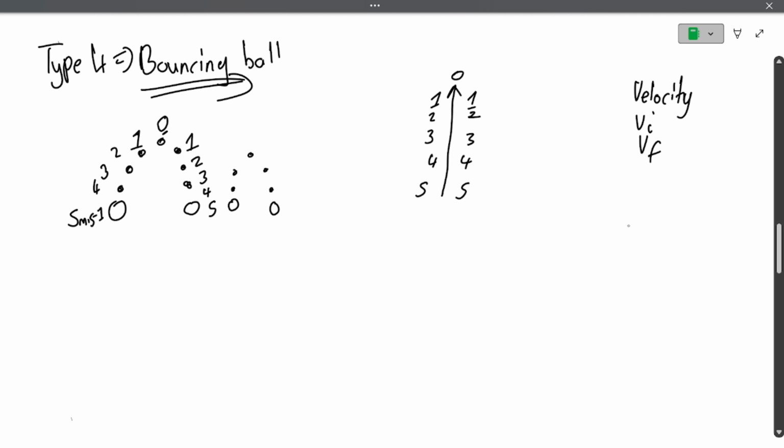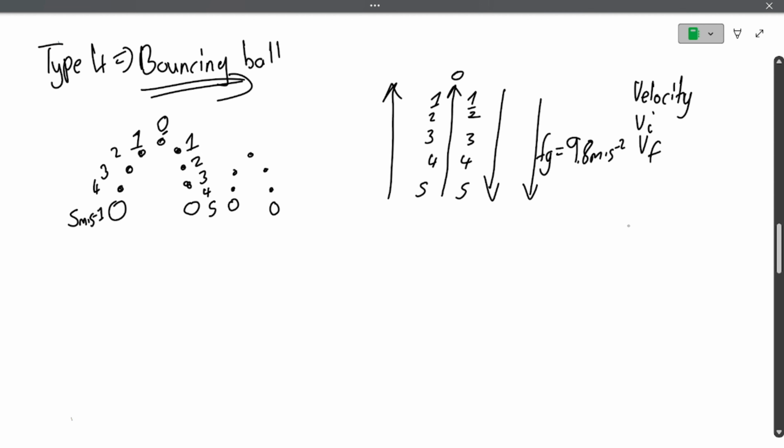It is what we call gravitational acceleration, the force of gravity, which is 9.8 meters per second squared, which makes it accelerate backwards as the ball is going up. That's why it is decreasing, and it makes it accelerate downwards while the ball is going down.